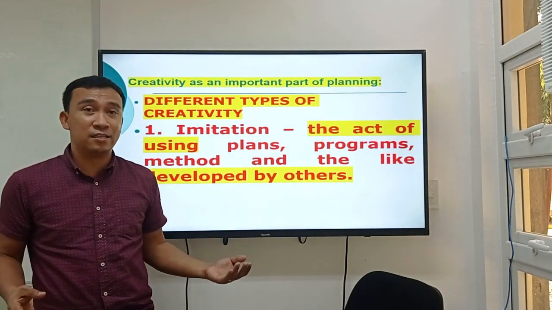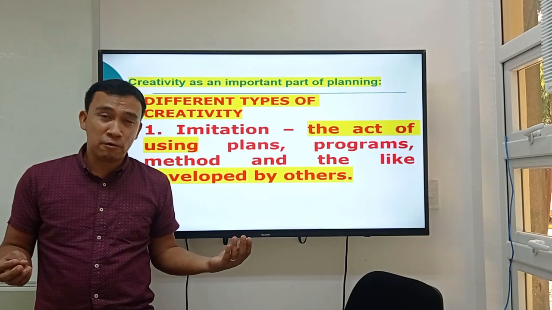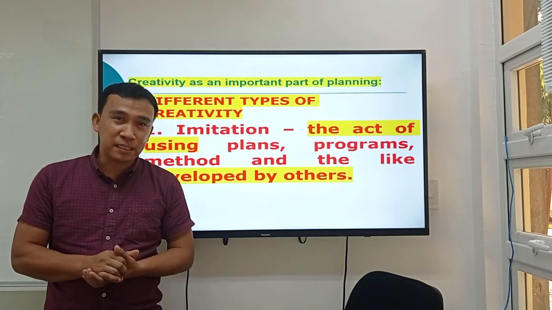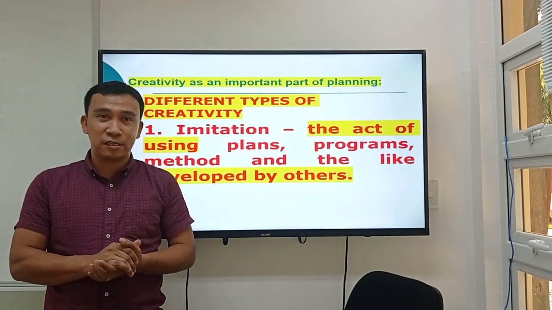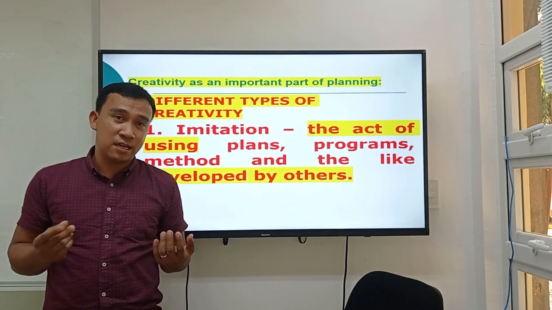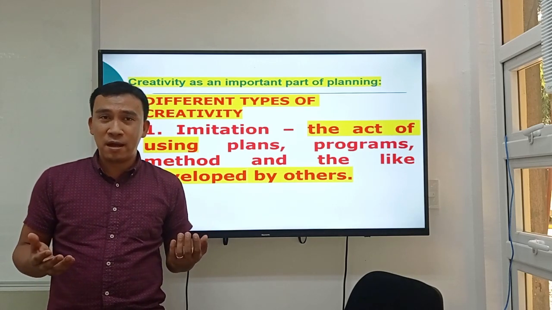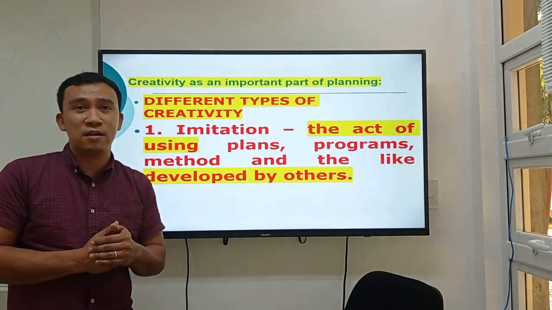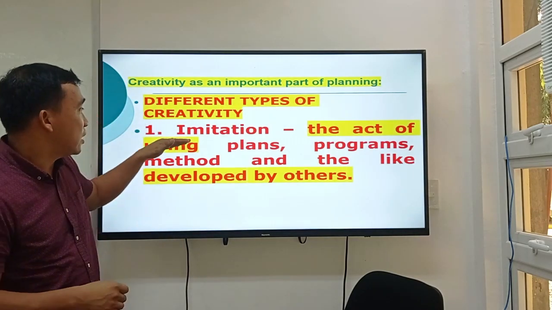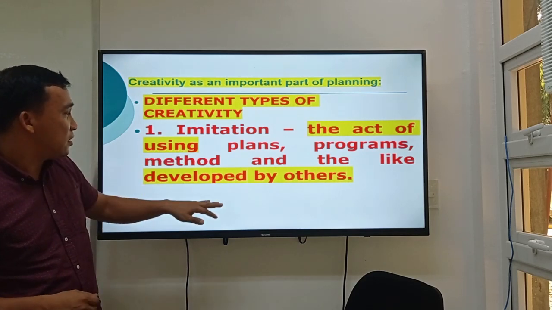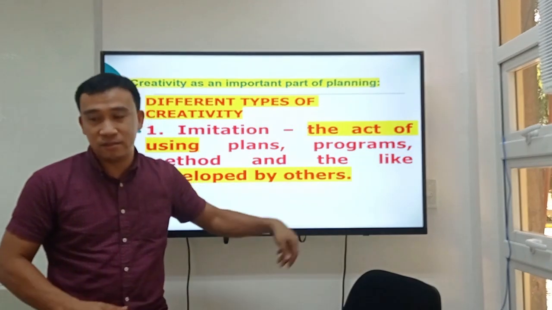Nangopya ng strategies. May masama ba sa pangungopya? Sa pangungopya ng exam, masama yan. But sa pangungopya ng strategies at itong strategies na ito ay effective at tested, then walang problema. Hindi masama. Dahil ito naman ay magdudulot ng mabuti. Okay? So that is number one, imitation, the act of using plans developed by others.